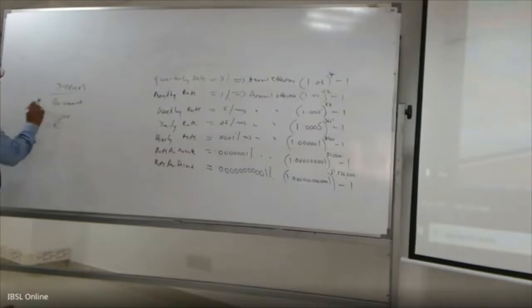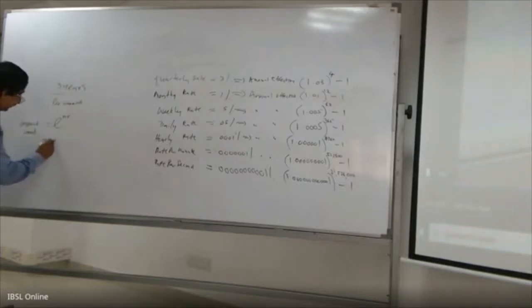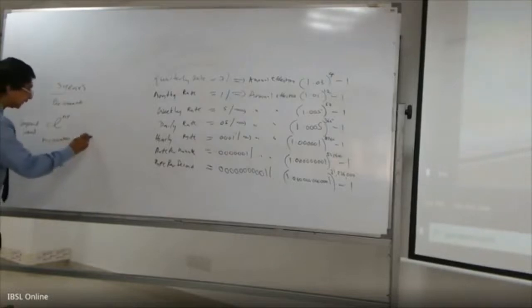Now this is the compounded formula. N is the number of years.